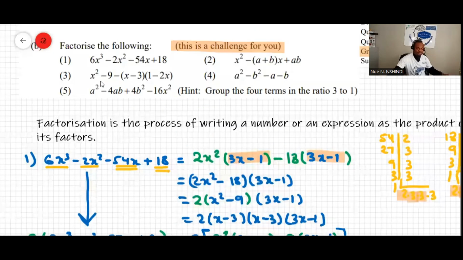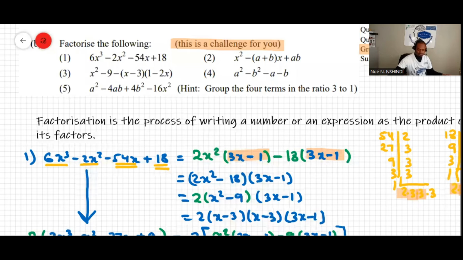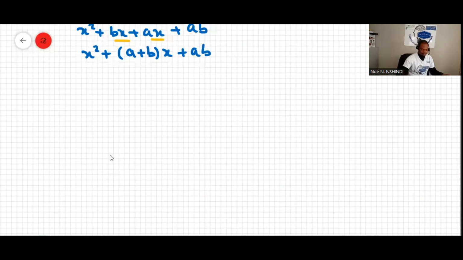Question 3 is (x squared minus 9) minus (x minus 3)(1 minus 2x). Now we need to factorize that also.